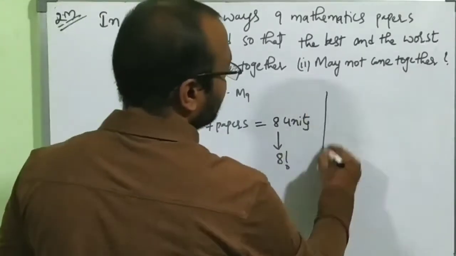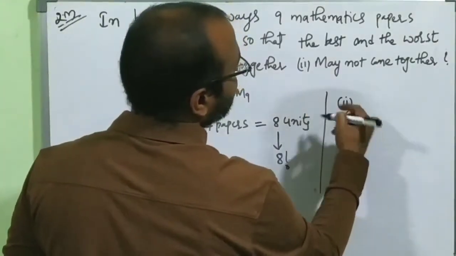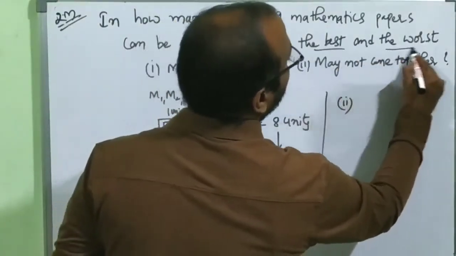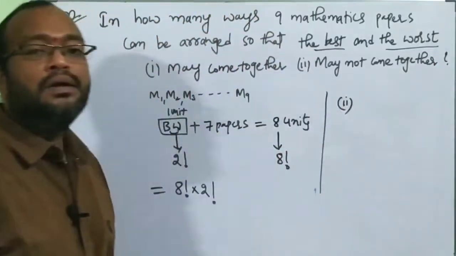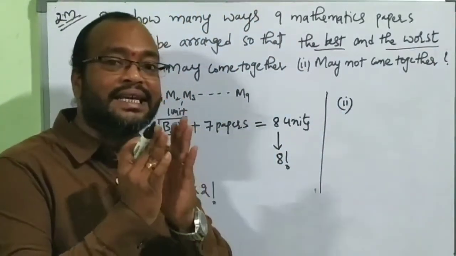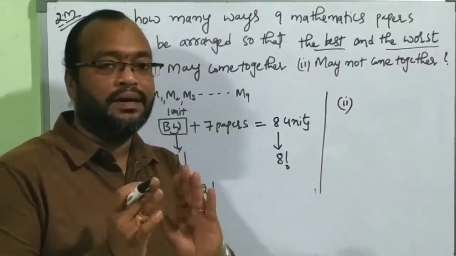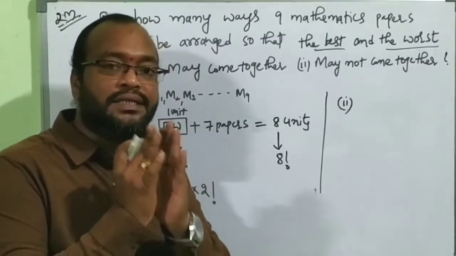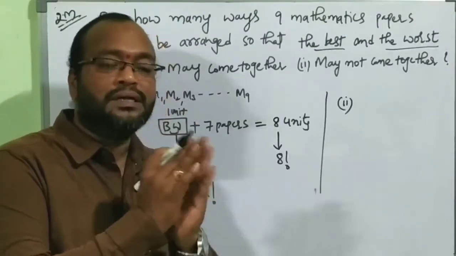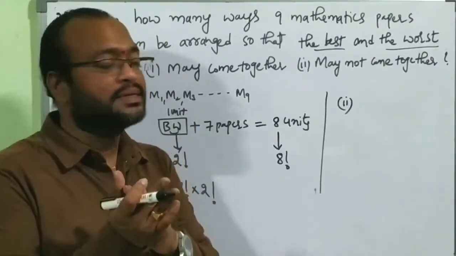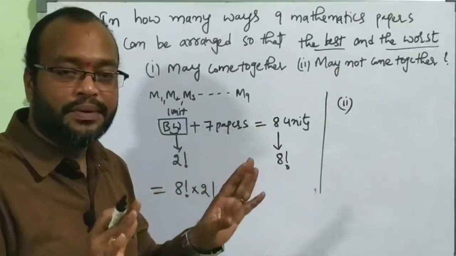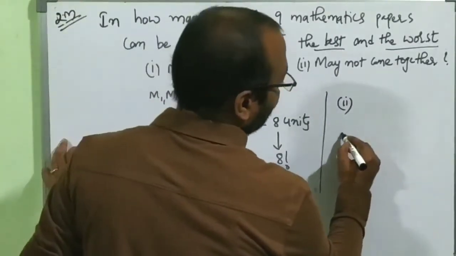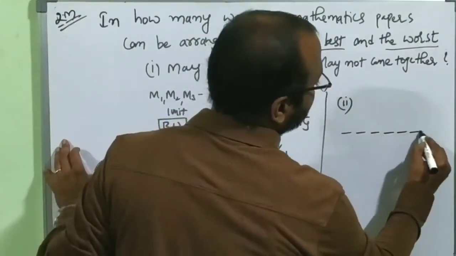Now go for the second. What he says here is that the best and the worst may not come together. So here the condition is for the best paper and the worst paper, not for the remaining. So whatever the condition may be, just remove that, leave those conditional papers, the best and the worst paper. Remaining how many papers are there? 7 papers. So 7 papers, 1, 2, 3, 4, 5, 6, 7.